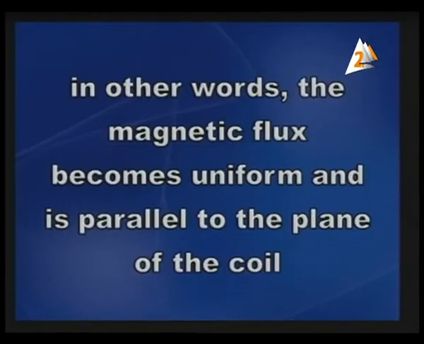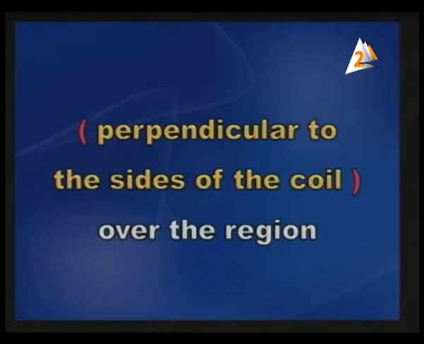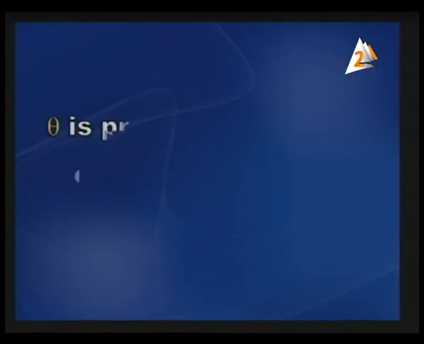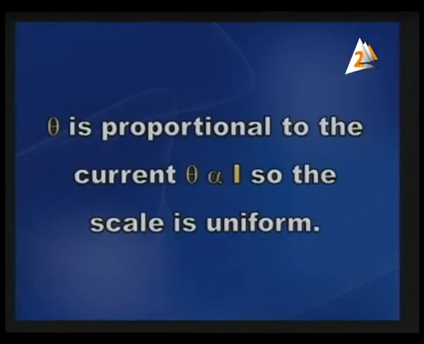So the torque is almost maximum over the region in which the coil can swing. Consequently, the angle of deflection of the coil, theta, is proportional to the current. It depends only on the current required to be measured, and this makes the scale uniform, equally spaced.